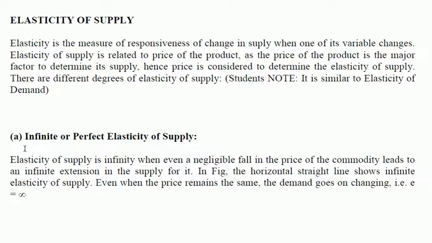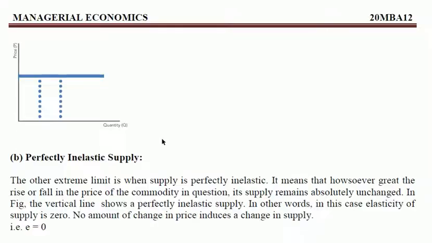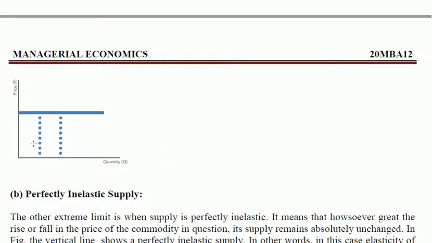Same as we have in elasticity of demand, we have elasticity in supply, 5 graphs, which is infinitely or perfectly elastic supply. Perfectly elastic will look very much the same as the elasticity of demand. Okay, there is a small change in the price, infinitely small change in the price will cause a huge change in the supply quantity.